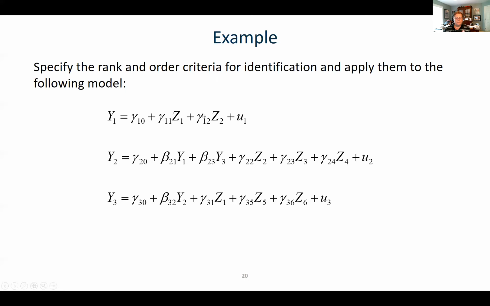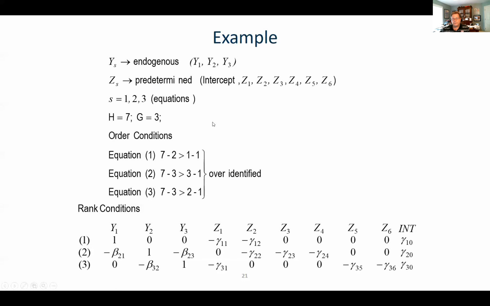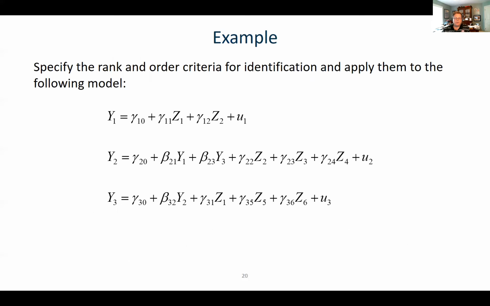So how many endogenous variables do we have in the first equation? 1. So if we have 1 endogenous variable, equation 1, this should be 7 minus 3 is greater than 1 minus 1. And the same thing for equation 2. The number of explanatory variables excluded from the model is really Z5 and Z6.